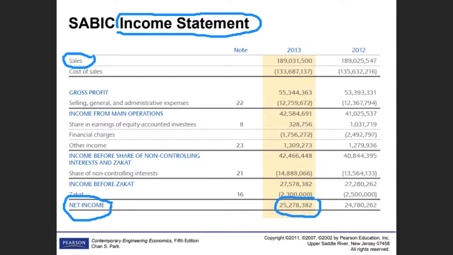You can see that in the case of SABIC for 2013, their sales was this number, right? And at the end, their profit is this much, the net profit. Of course, there are different classifications. We have gross profit, we have cost of sales. What are these concepts? This is what you will learn in this course. Chapter 2 deals with the income statement and other financial statements.